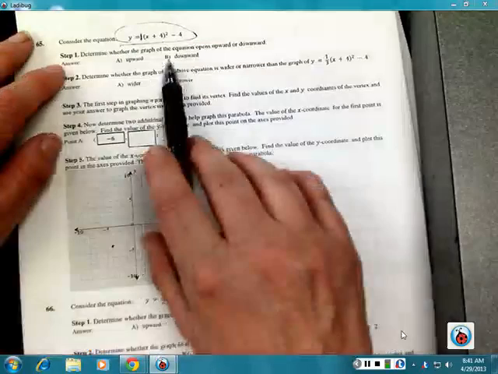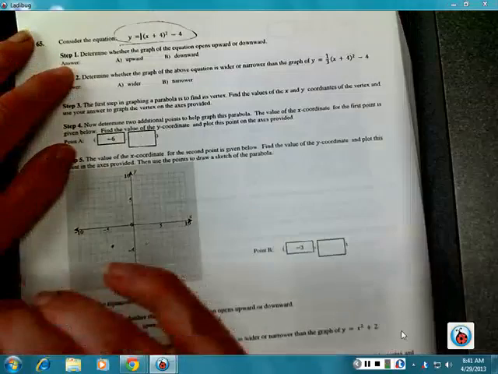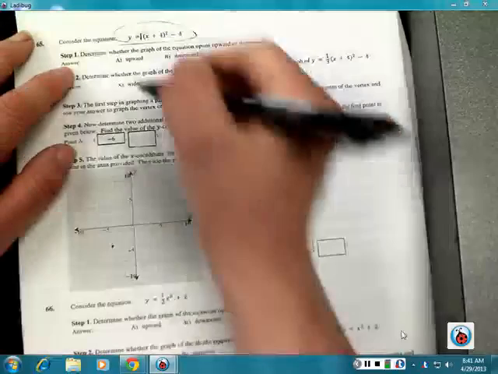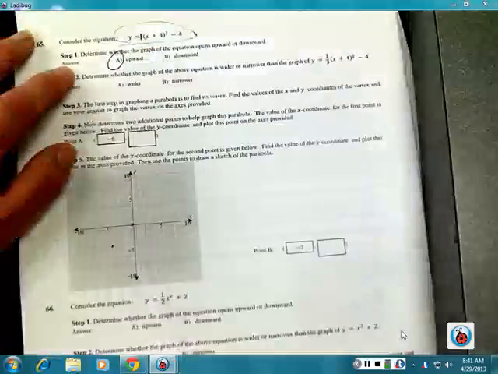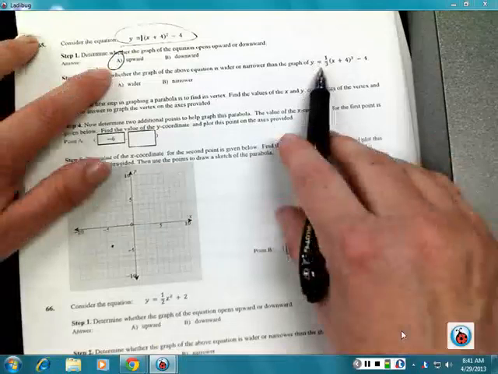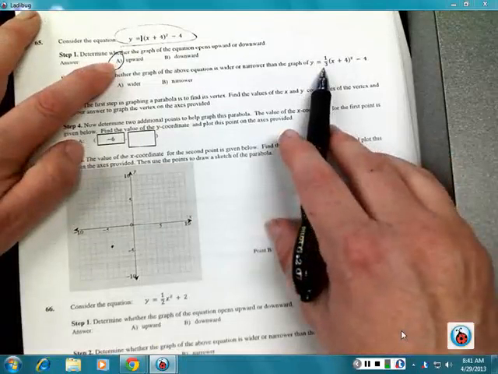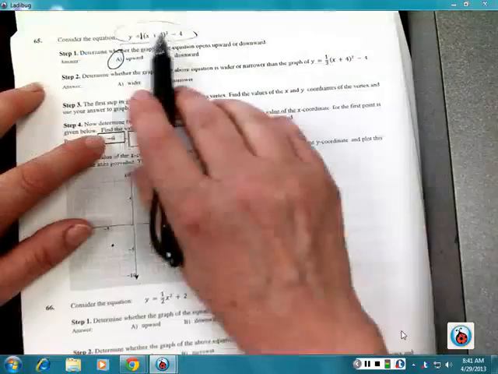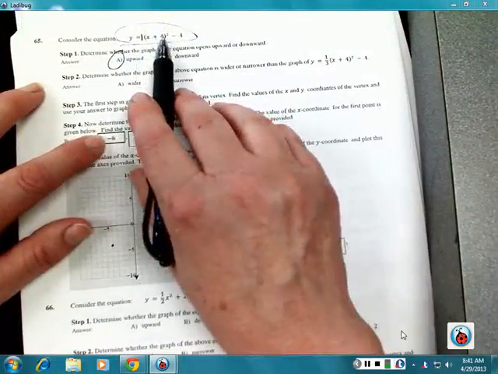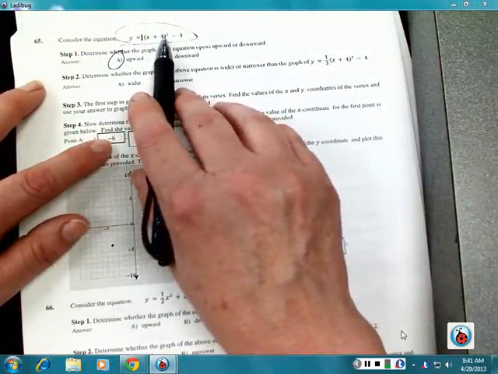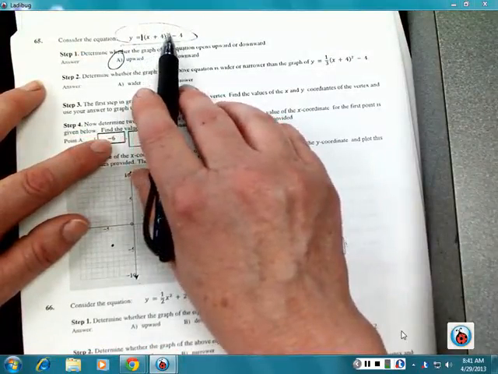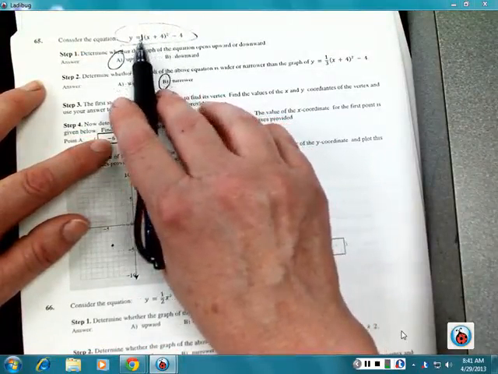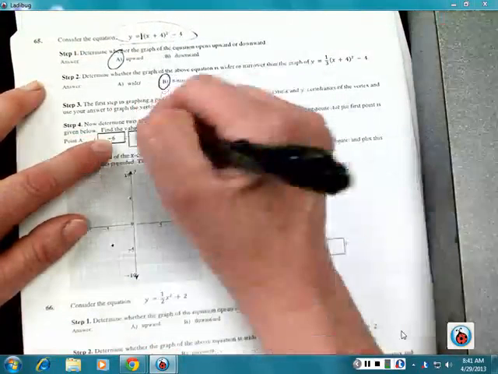So is it going to be upward or downward? Upward, because the 1 in front is positive. Is it going to be wider or narrower than a third? Narrower. Okay. And if I plug in a -6, -6 plus 4 is a -2, squared is a positive 4, times 1 is 4, 4 minus 4 is 0.